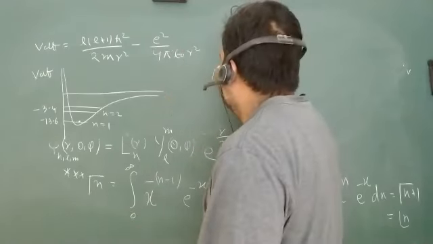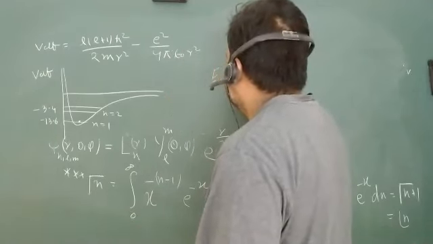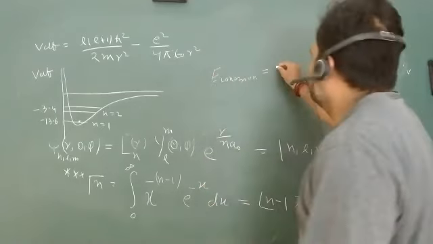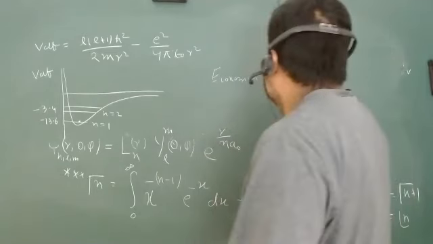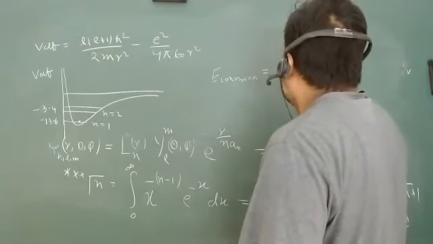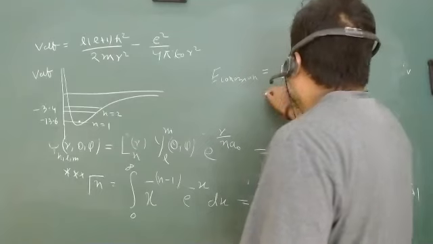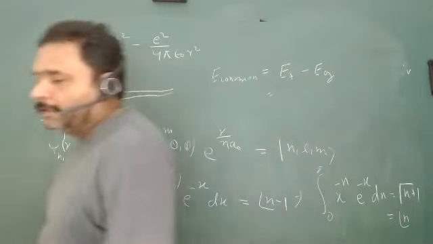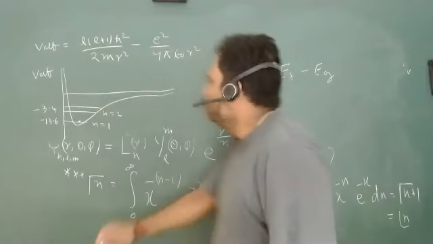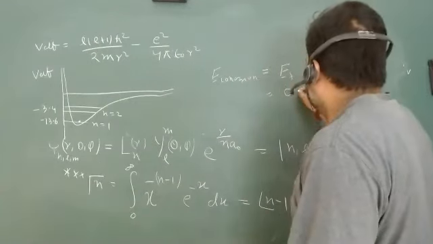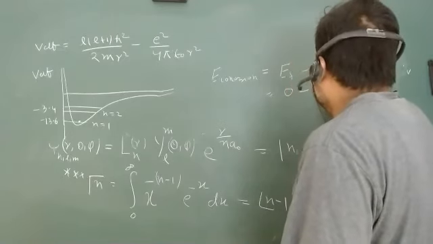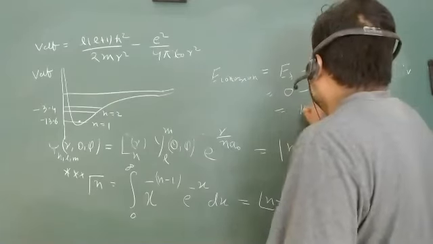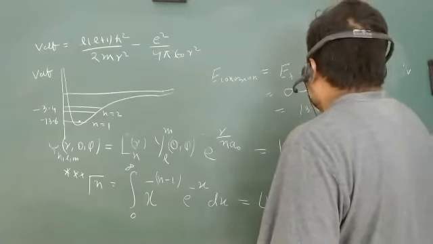E ionization is basically the final energy EF minus E ground state. And what is EF? The minimum energy for which it becomes unbound is zero energy. So that will be 0 minus Eg, which is minus 13.6 electron volt, and this will be 13.6 electron volt.